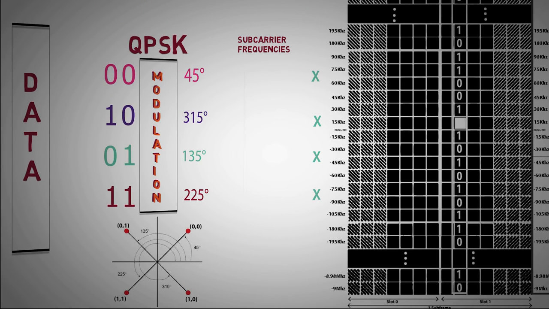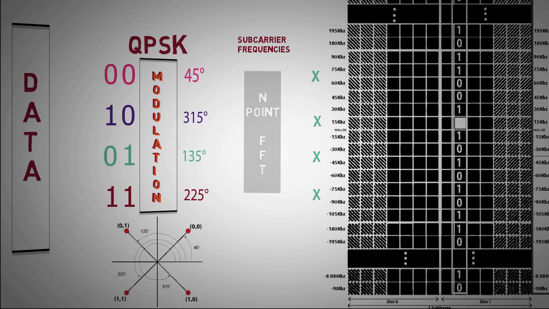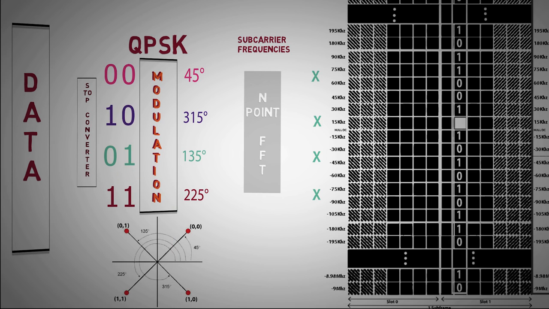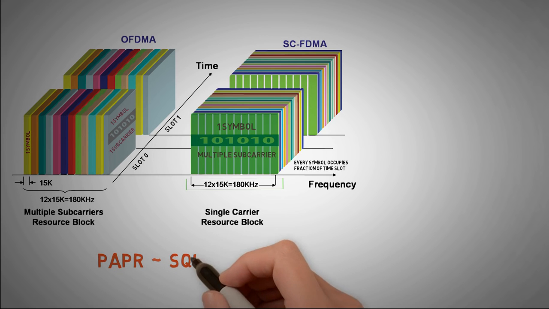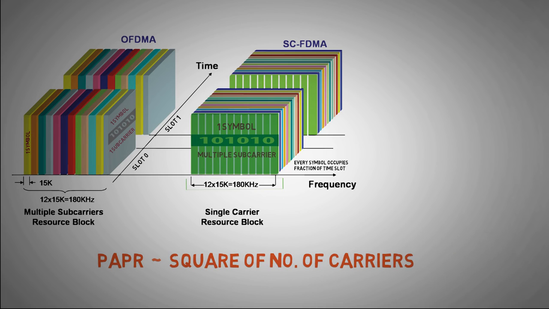To achieve this, SC-FDMA introduces the endpoint FFT block right after the serial to parallel converter in the OFDMA structure. The FFT block converts the parallel sequence of symbols in time domain to different frequency points. Now, peak-to-average power ratio is proportional to the square of the number of carriers involved.